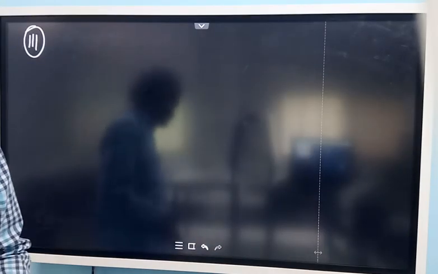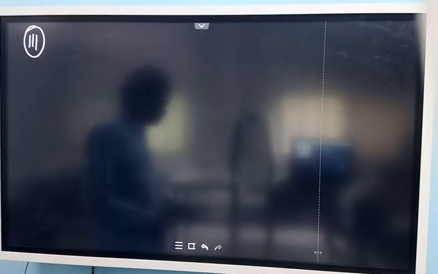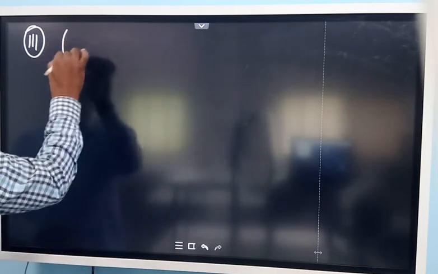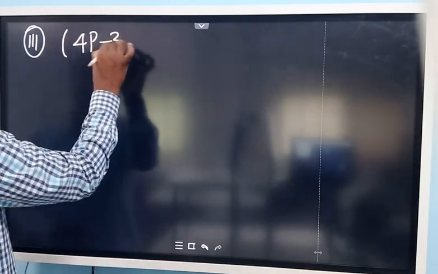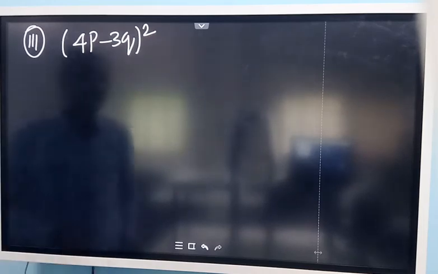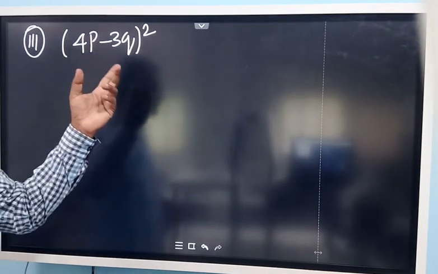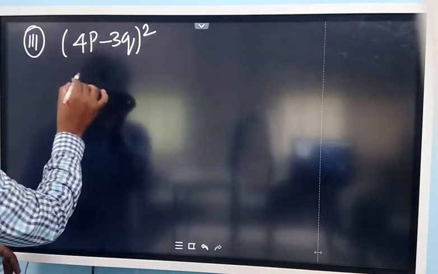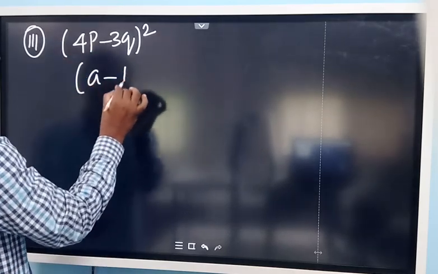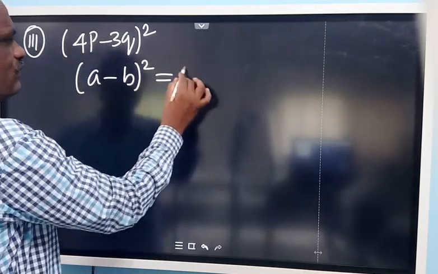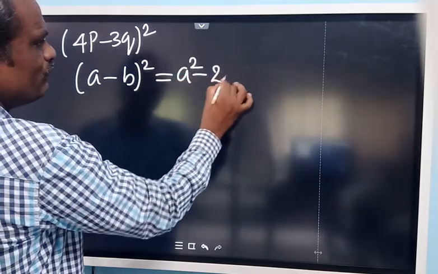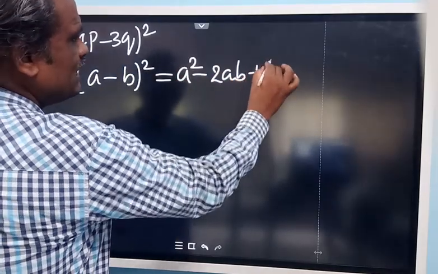So let us see one more question. Using the identity, let us find out the value of (4p minus 3q) whole square. When you look at this question, you can recall an identity similar to this one. That is (a minus b) whole square, which is equal to a square minus 2ab plus b square.